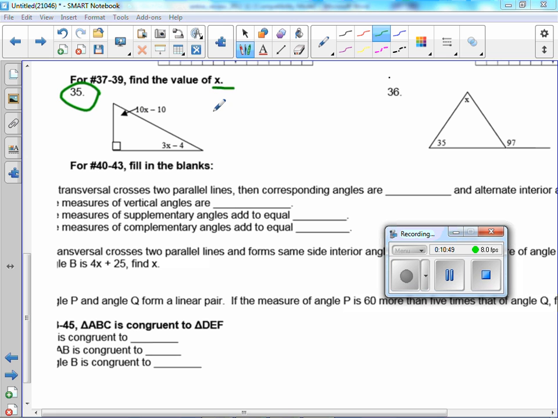So this would be 90 degrees also. So we're going to set these equal to 90. So we're going to have 13x minus 14 equals 90.